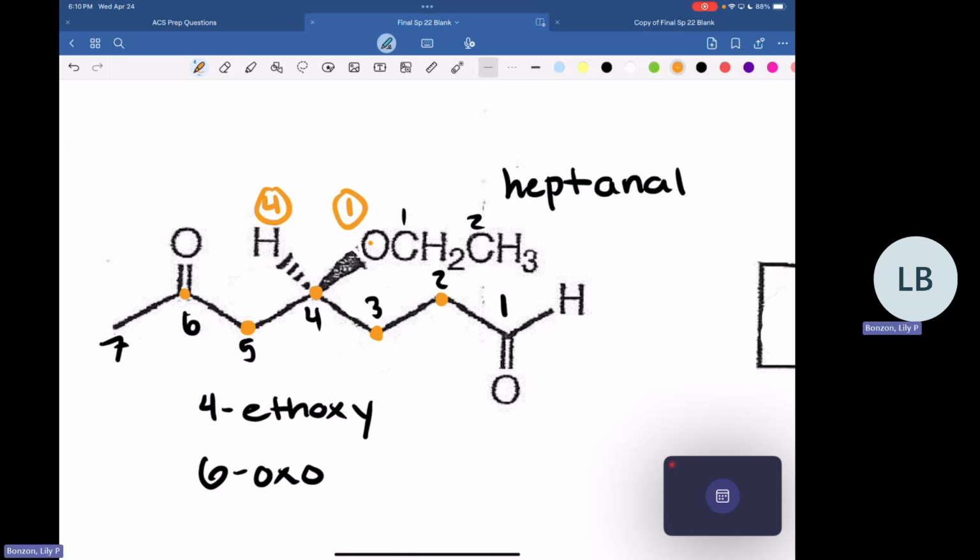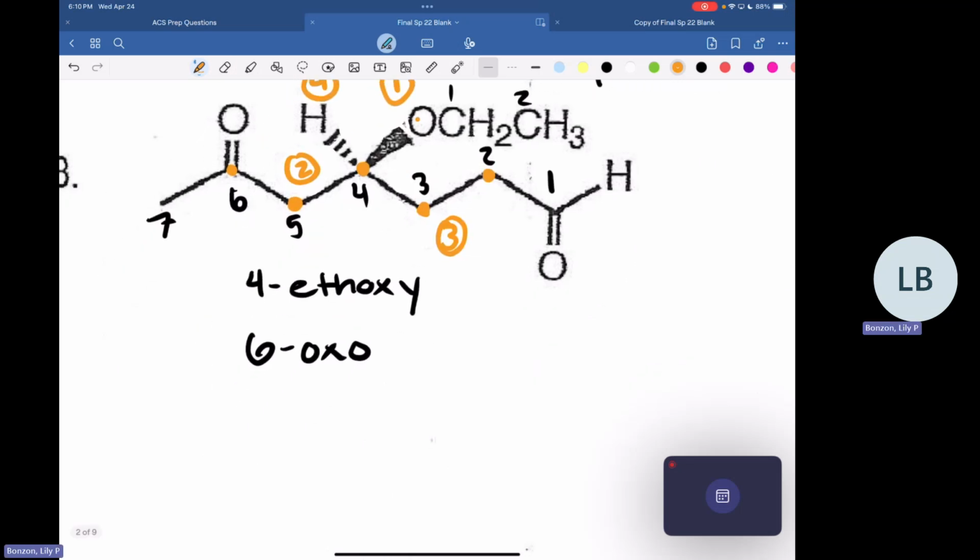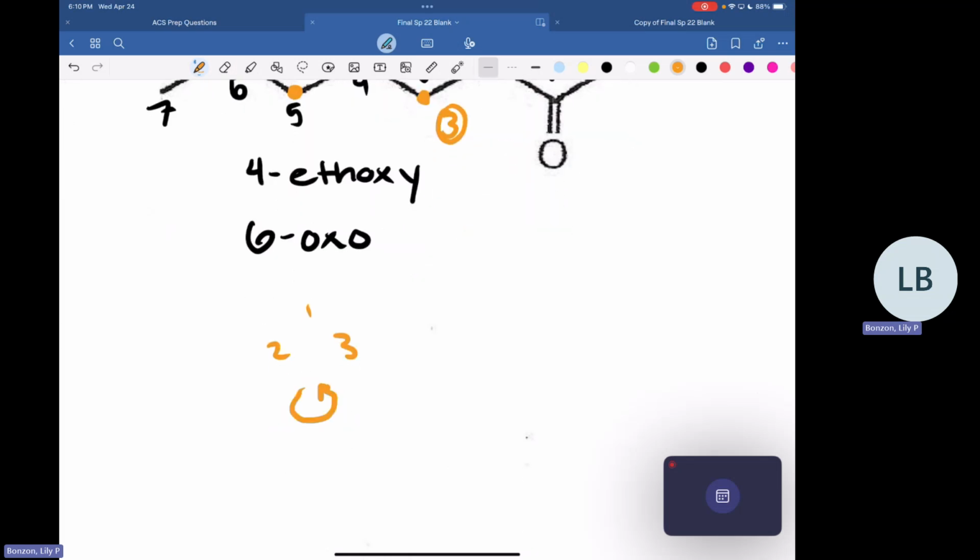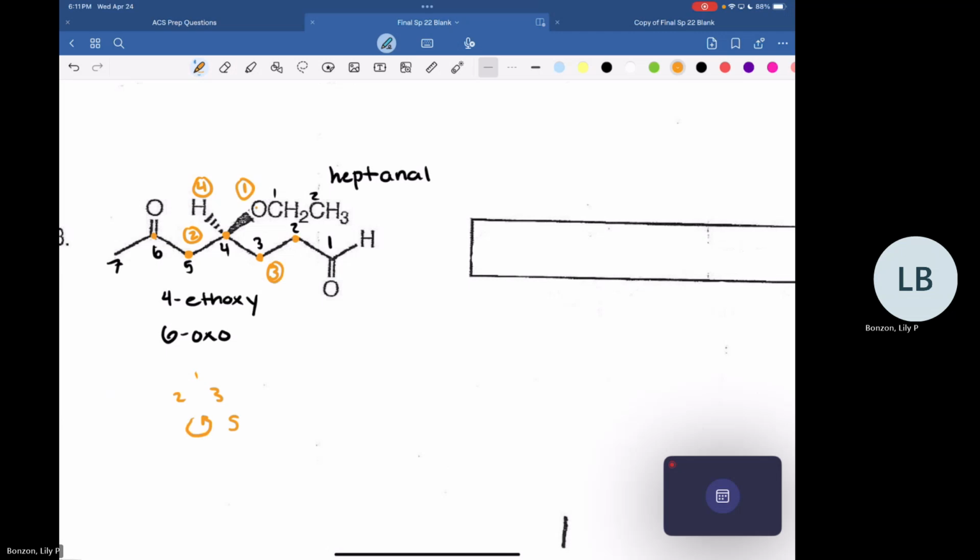On the left, we have a ketone. On the right, we have another CH2 group. So the left side is going to win. Let me move this down here so you can see it a little bit better. So this is going to give us S. And since we only have one S, we can just leave the number off.